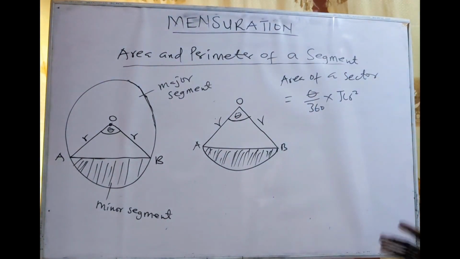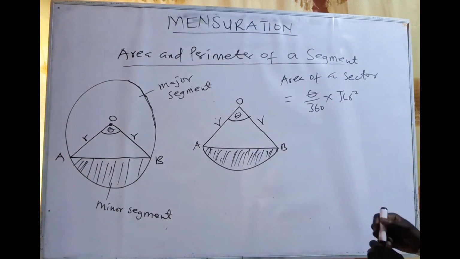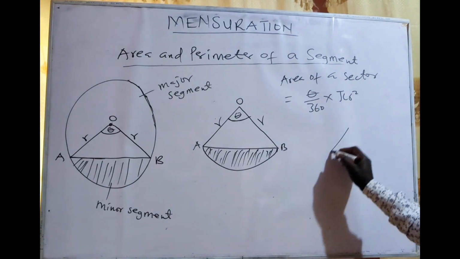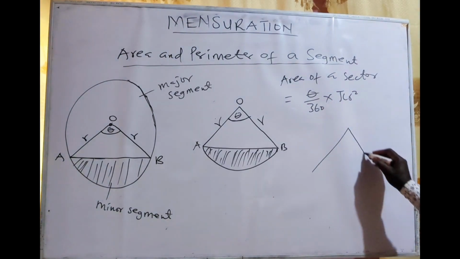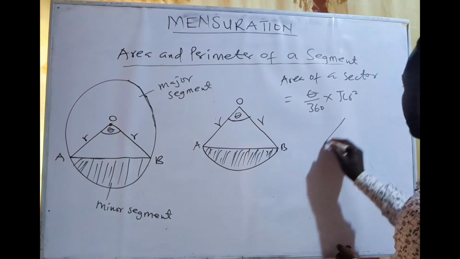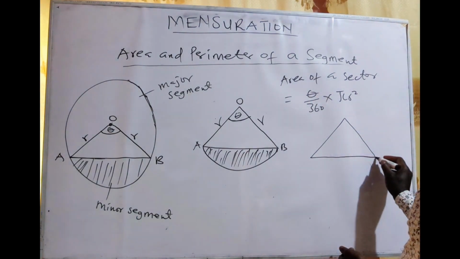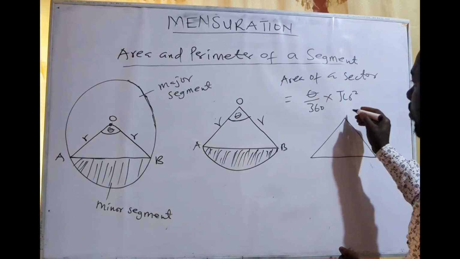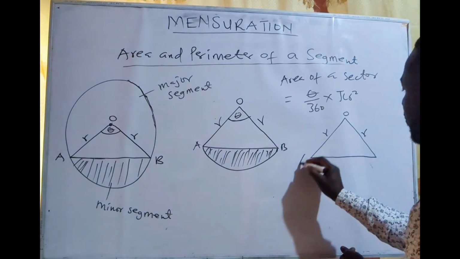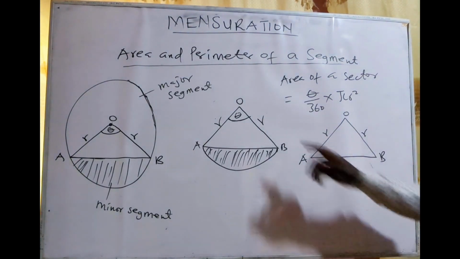So what we have to now find is the area of the triangle. Let me remove the triangle, and then we put it there and see what is going to happen with our triangle. So we have gotten the area of the sector.